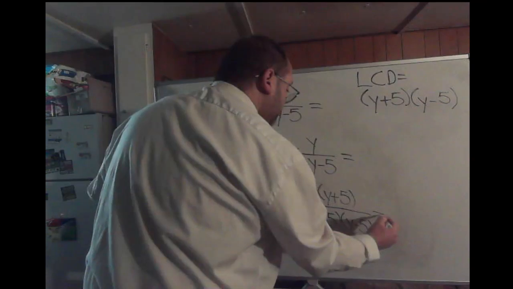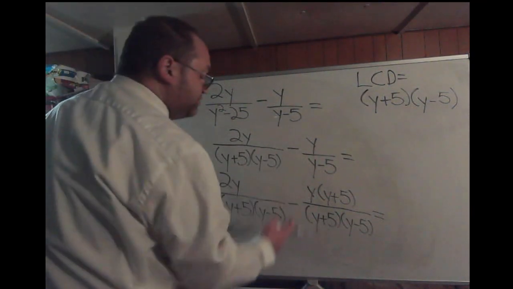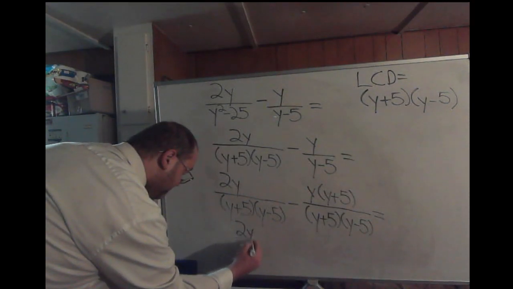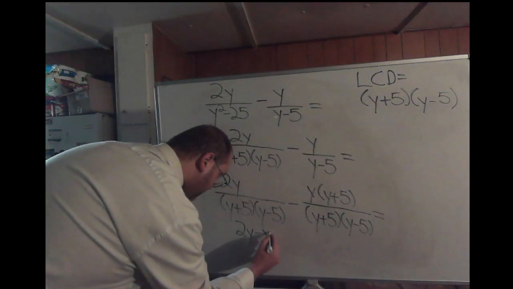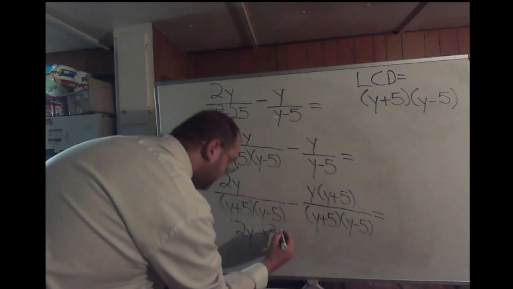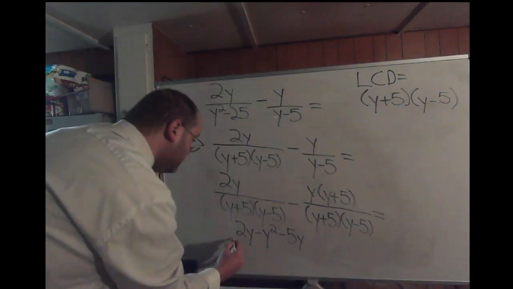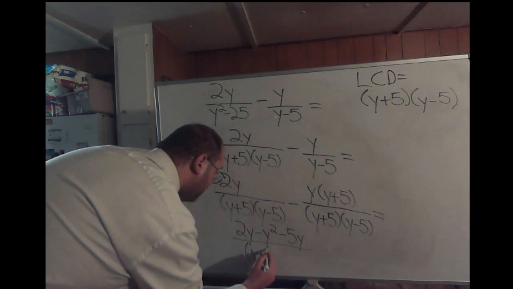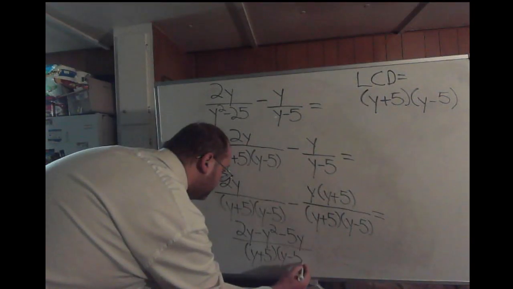So now that we have the same common denominator between both terms, we can go ahead and do the math. You'll have 2y. You have negative y times y, that'd be minus y squared. Negative y times positive 5, that'd be minus 5y. This would be all over y plus 5 times y minus 5.